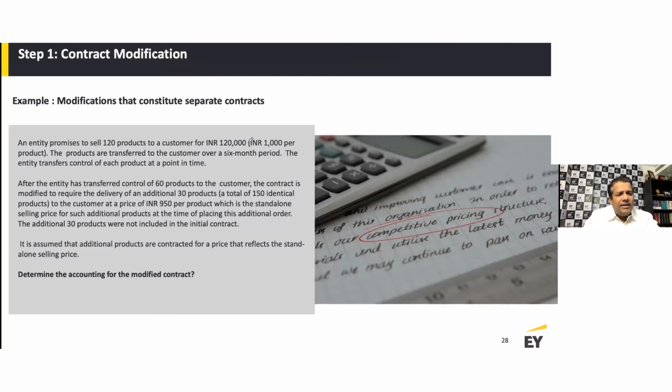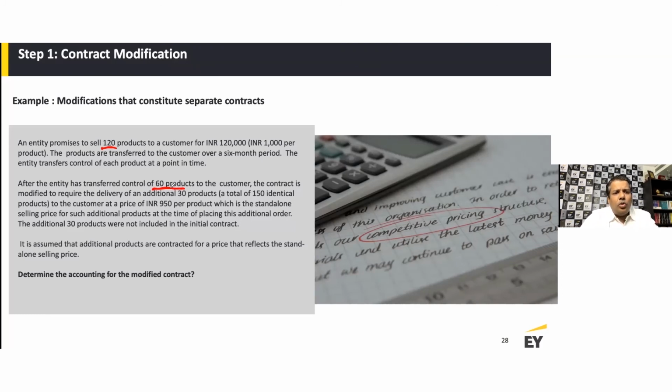After the entity has transferred control of 60 products, so total was 120, I have now transferred 60, the contract is modified, right? After 60, the contract is modified to require the delivery of an additional 30. I'm placing more order for 30.